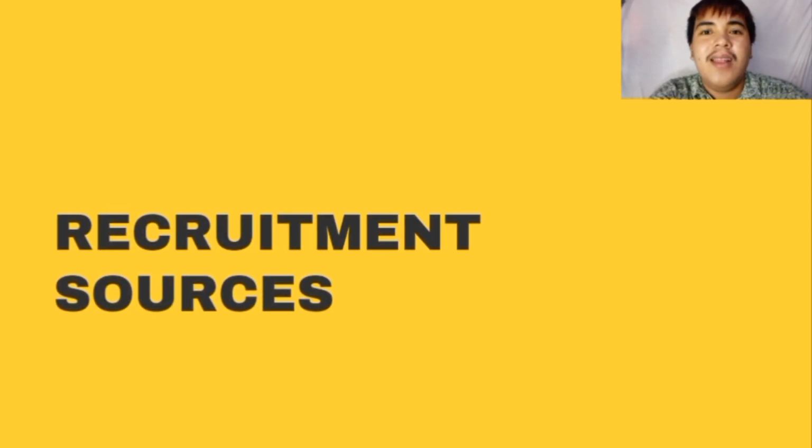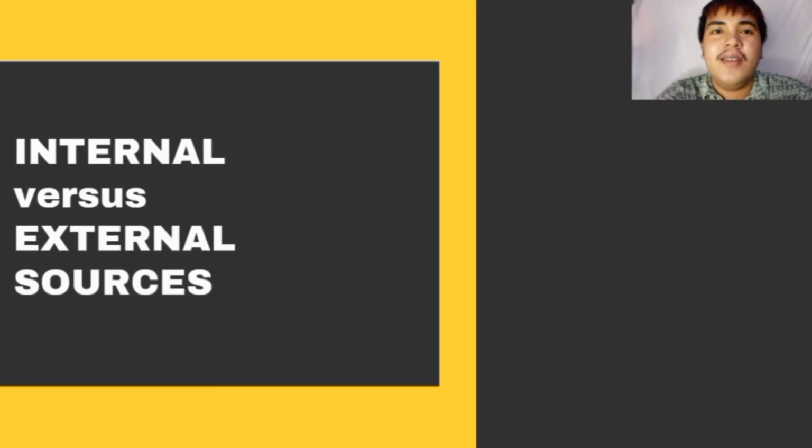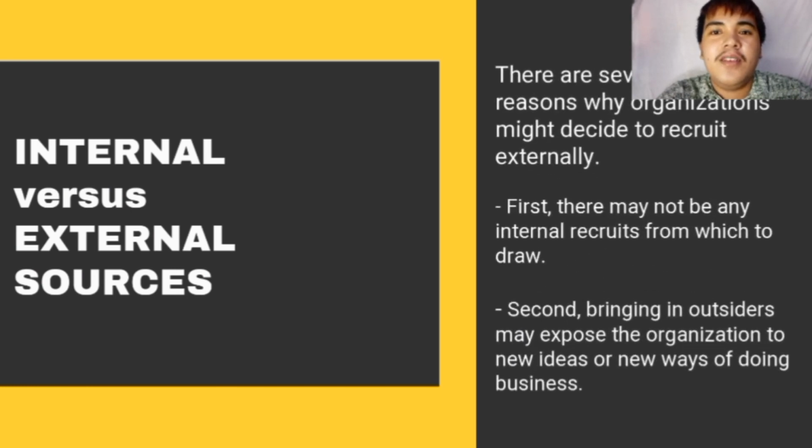Now, let's go to the recruitment sources. In this section, we examine the different sources from which recruits can be drawn. First, internal versus external sources. Earlier in this chapter, we just discussed the positive effects that internal recruiting can have on recruits' perception of job security.